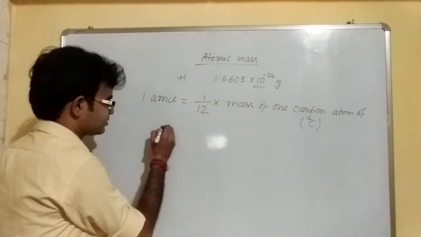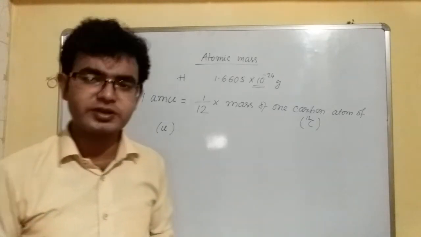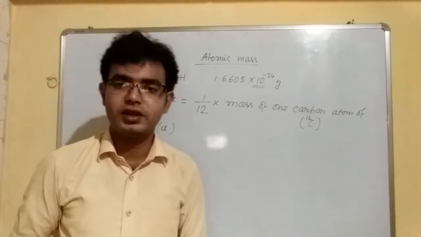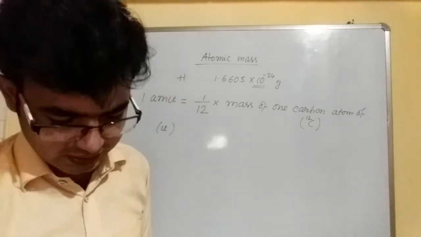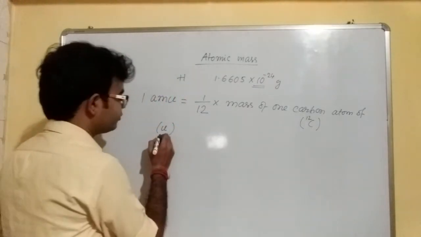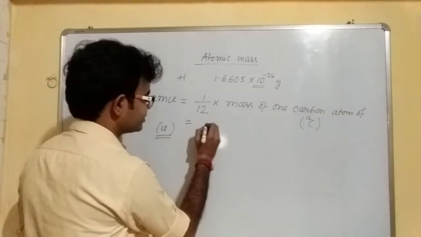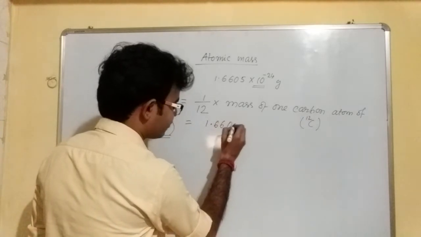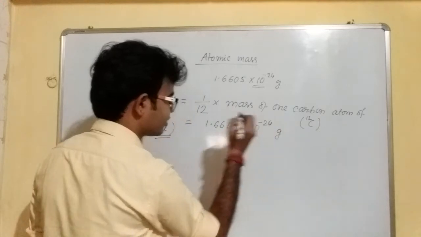Now it is expressed in the form of U, only U, not AMU. At present, U is written in place of AMU. So U and AMU both are the same. Okay, remember this one. So the value of U, or 1 AMU, is 1.6605 into 10 to the power minus 24 gram.